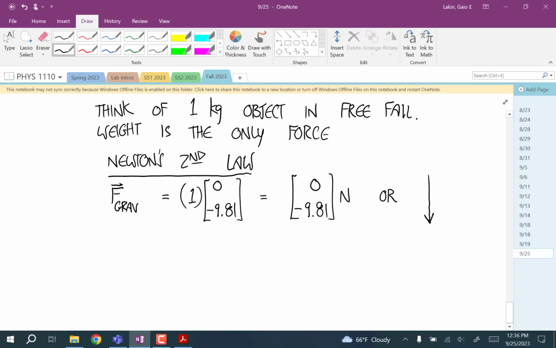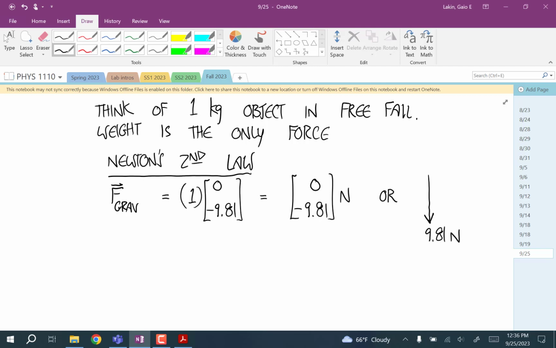So it's just a downward force of 9.81 newtons. Okay, so maybe every object has a weight force applied to it that's just equal to 9.81 newtons.